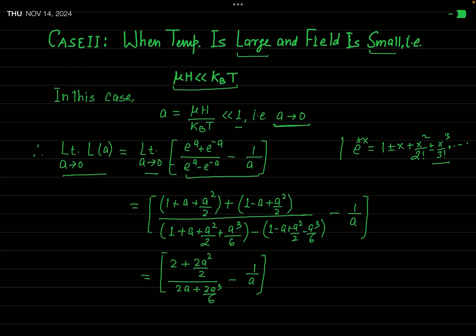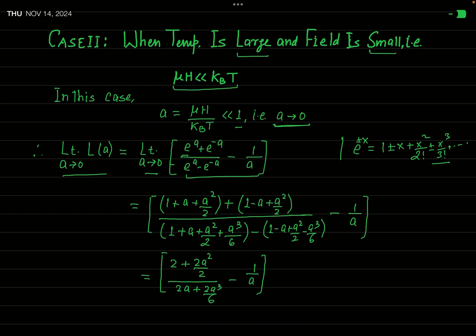Since here A is very small, it tends to 0, so we can expand this e to the power A up to these 3 terms. 1 plus A square by 2 factorial. 2 factorial is simply 2. And similarly, this e to the power minus A, this will be 1 minus A plus A square by 2. I have neglected all the terms after this.